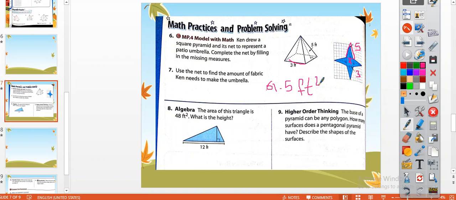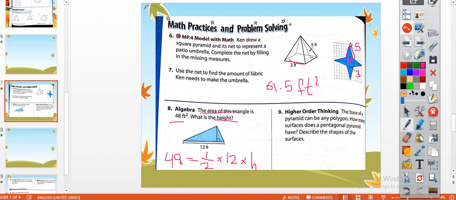Well, in question 8, here he says the area of the triangle is 48 square feet. What is the height? Well, the area is 48, which equals half times base, which is 12, times height, which is unknown for us.